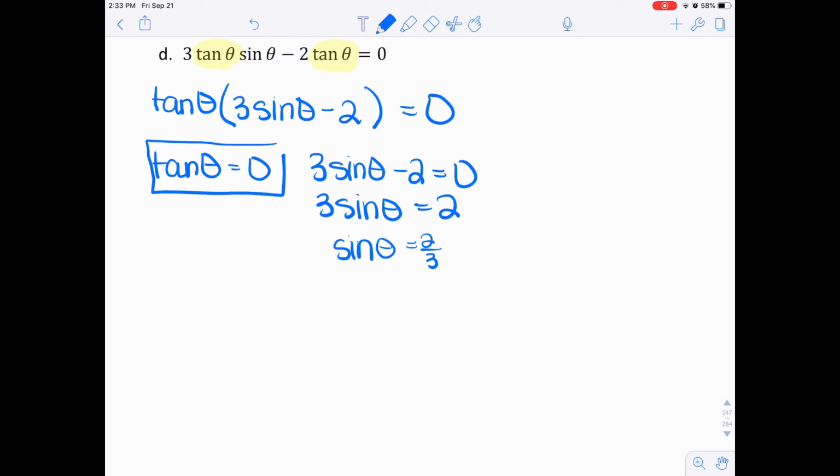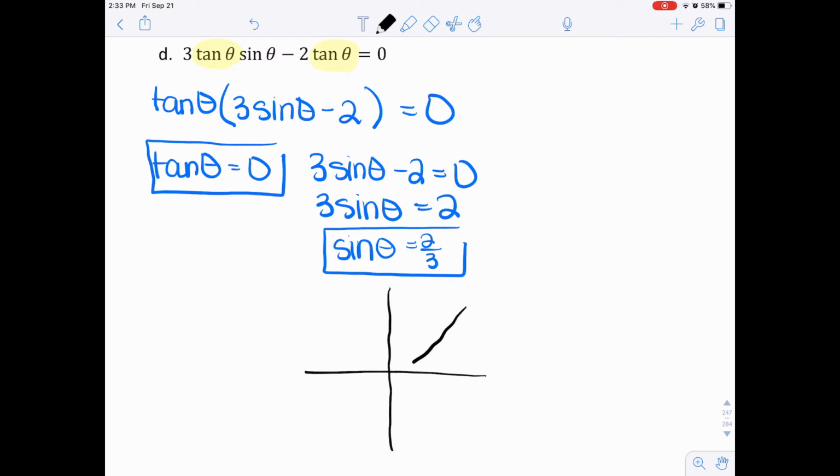Let's first solve the equation sine theta is equal to 2/3. Sine is positive in quadrant 1 and quadrant 2. If I fill in the triangles, we have 2 on the opposite side and 3 on the hypotenuse. This is not one of the special triangles, so we need to plug it into the calculator to get a decimal approximation for the reference angle.